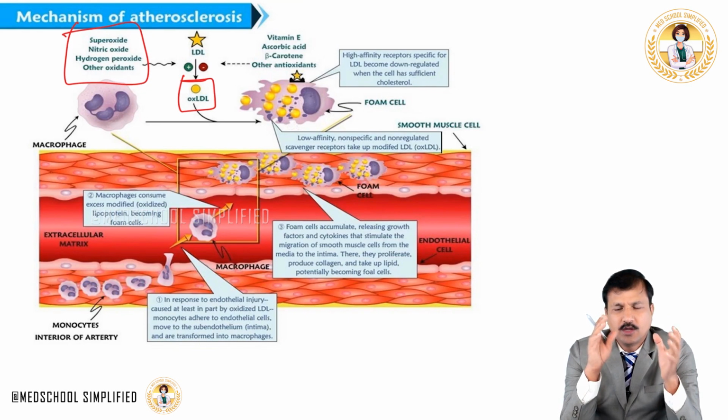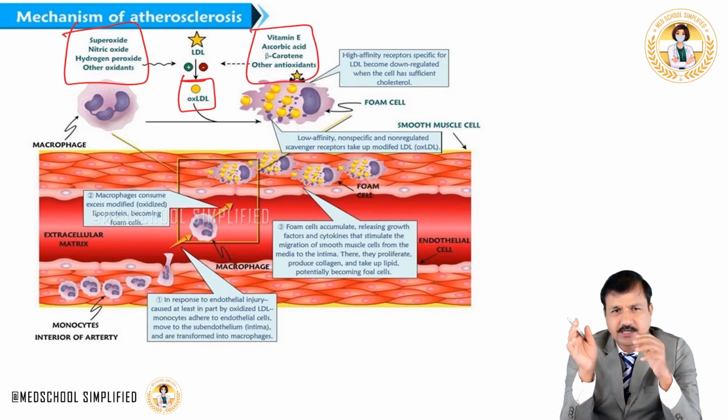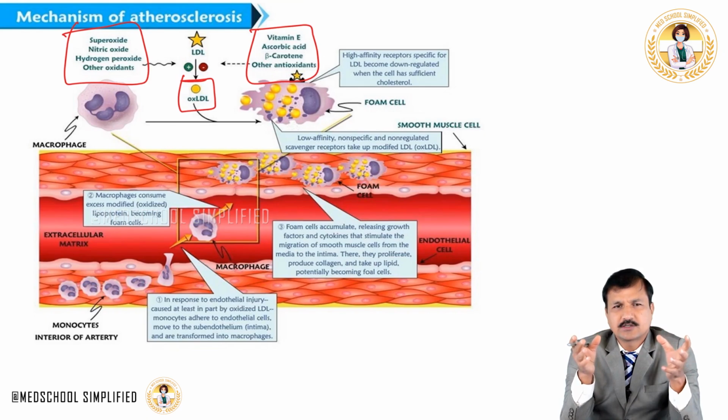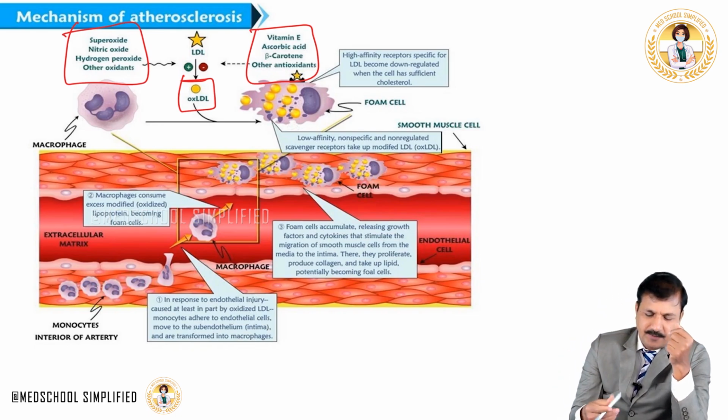When they are more than the antioxidants, which are written on the right side, that is vitamin E, ascorbic acid, beta carotene, glutathione, all this kind of antioxidants. So when there is an imbalance, oxidants are more and antioxidants are less, at that time what will happen?